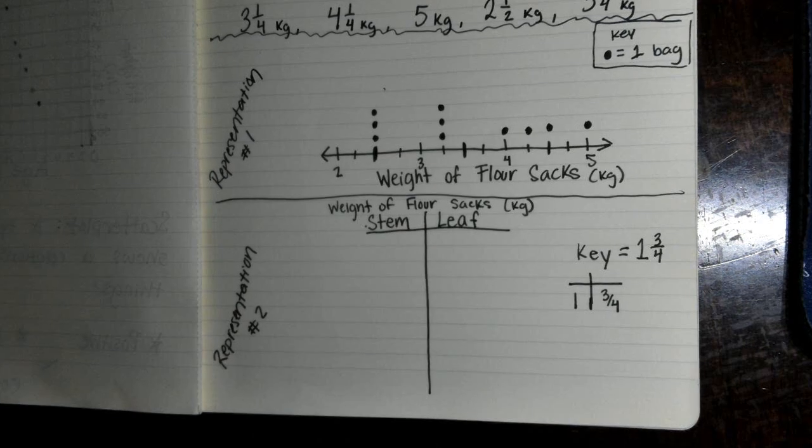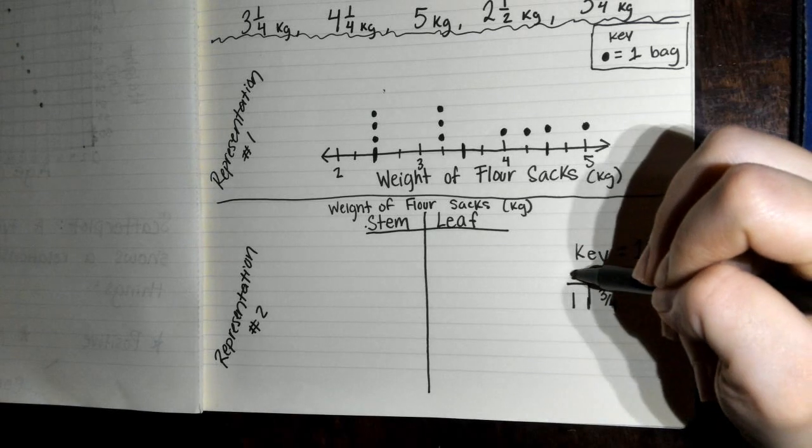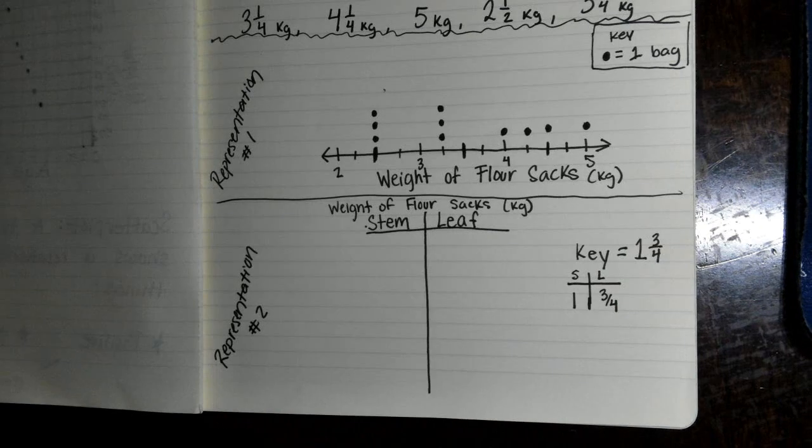So our whole number is the stem, our leaf is the fraction. Okay? Our whole number is the stem, and our leaf is the fraction.